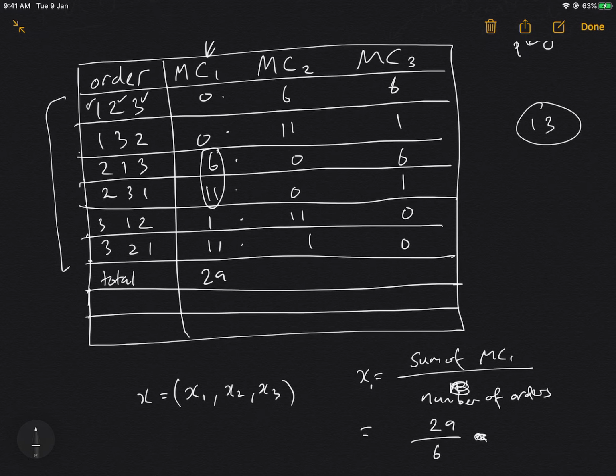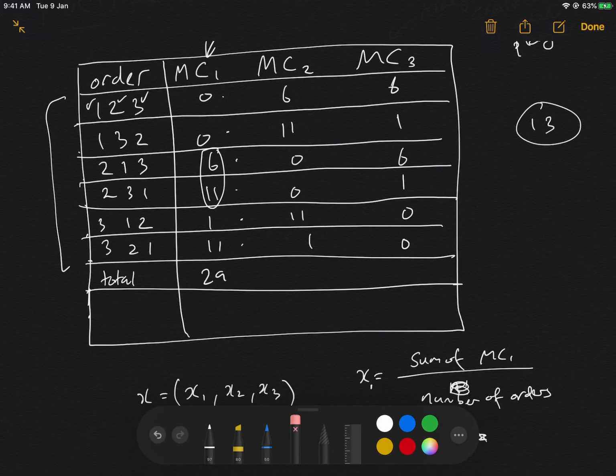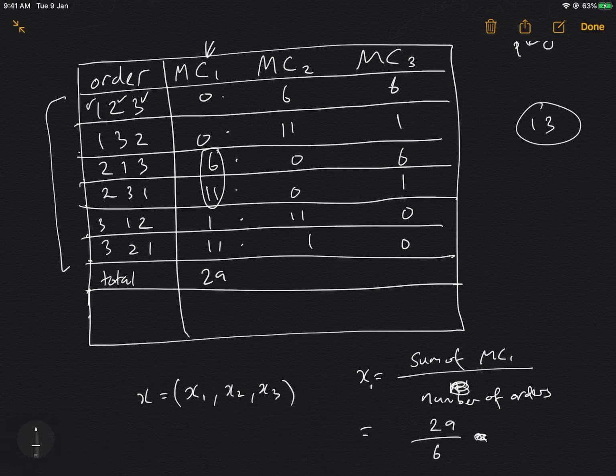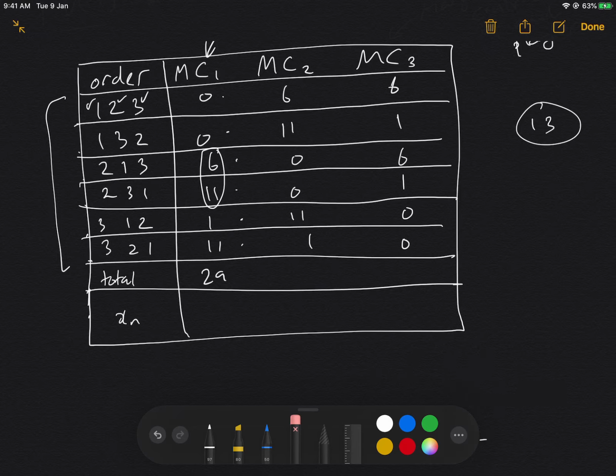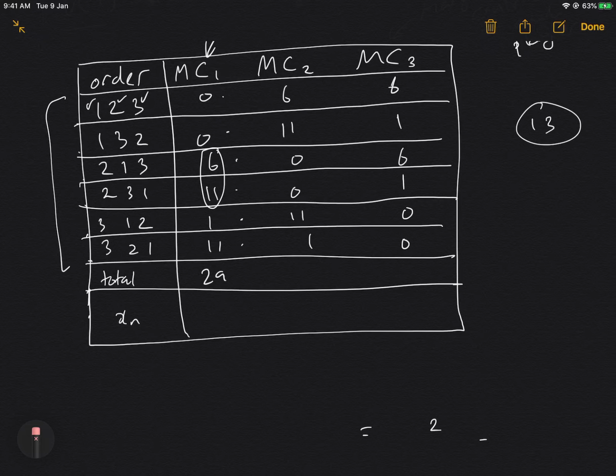And what about the others? Just a moment, I'll just erase this column out and say x2. So it's just going to be 6 plus 11, 11 and 1, that's going to be 17, 18, 12, 23, and 29.